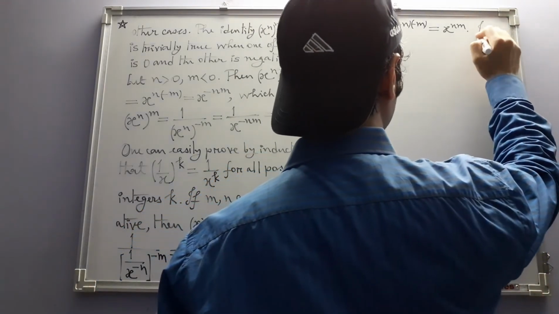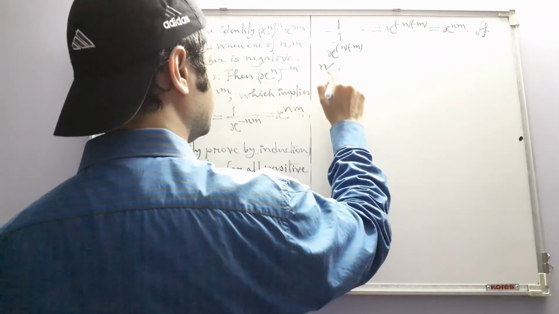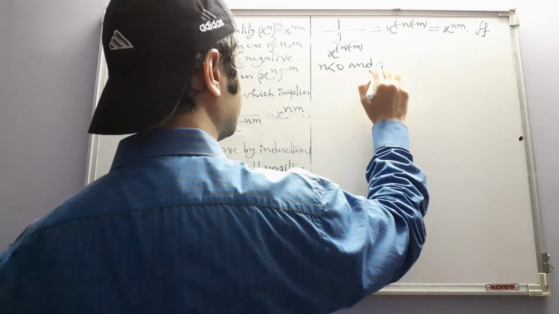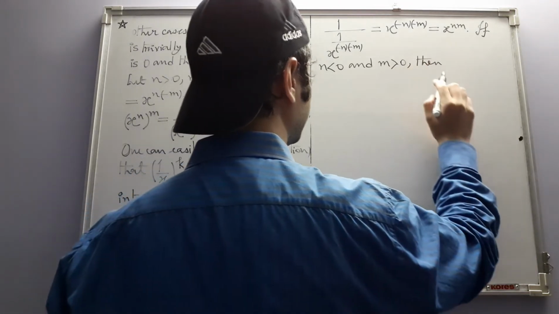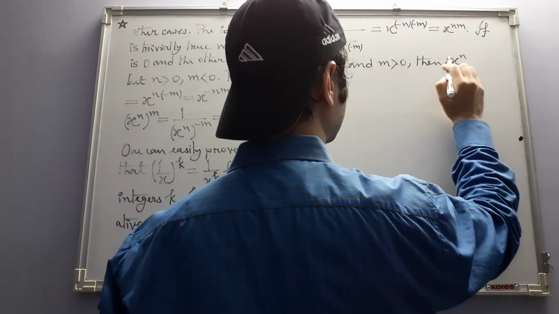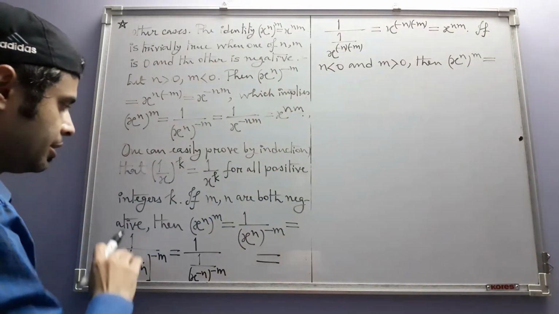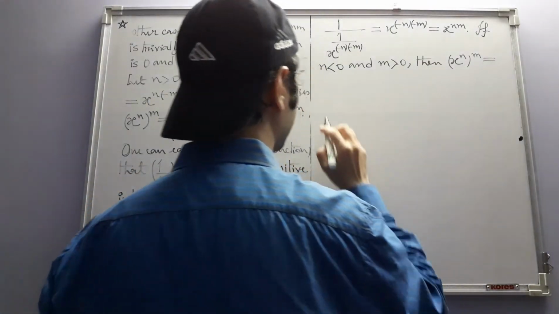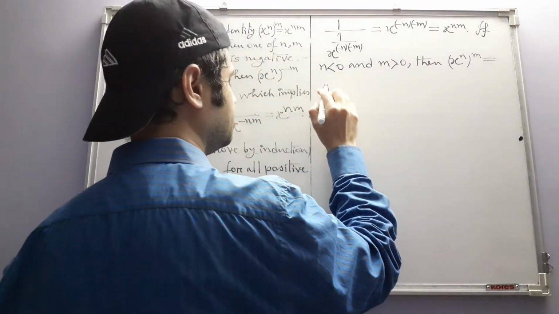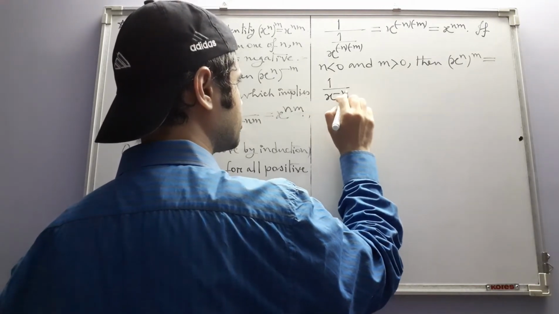If n is negative and m is positive, then I think it will follow easily from the things we have seen here. Since n is negative, this is equal to 1 by x to the power minus n.